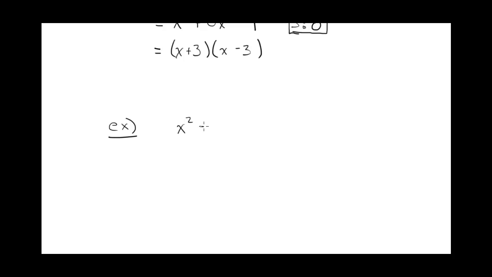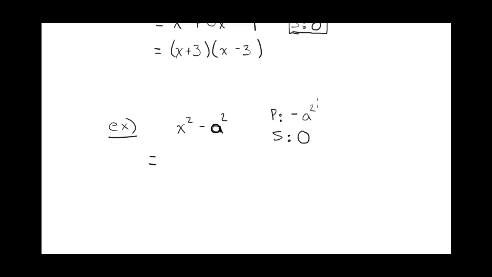X squared minus, and then this number has to be a squared, so I'll just say a squared. So remember, we could think of this as a trinomial, and at first, just to see how to do it, it's useful to think of it that way, but eventually, we're not really going to think of it that way. So the product has to be negative a squared, and the sum has to be, remember there's like a 0x there, so the sum has to be 0.